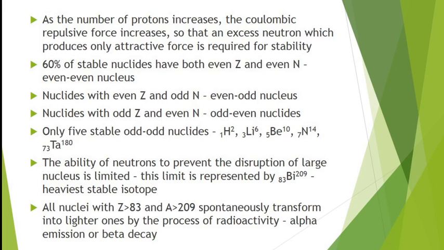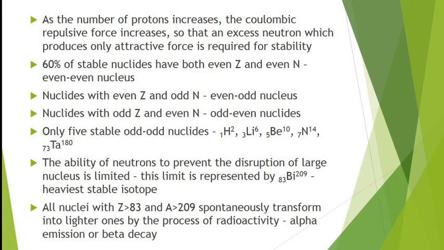Now 60% of stable nuclides have both even Z and even N. If N and Z are even, that nucleus is known as an even-even nucleus. And mostly 60% of these stable nuclides are even-even nuclei. Then nuclides with even Z and odd N, that means even-odd nuclei. Also nuclides with odd Z and even N will be odd-even nuclides.